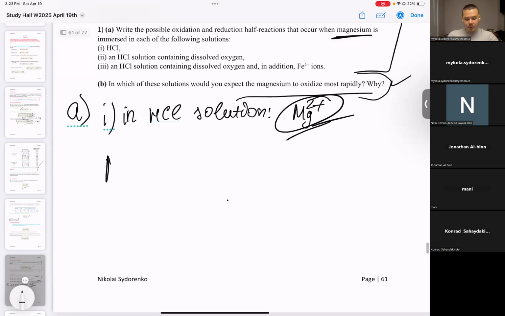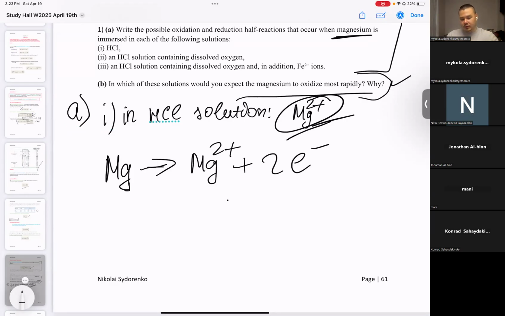On its own, magnesium can release two electrons which are freely floating in its valence shell. So that's going to be magnesium 2 plus. That's going to be an oxidation reaction, because we release the electrons. So let's say we pass a current, and this guy's going to release two electrons. And this is a so-called oxidation reaction.